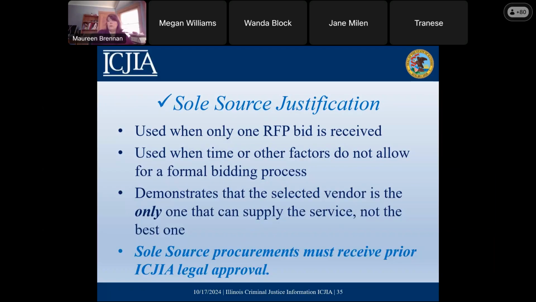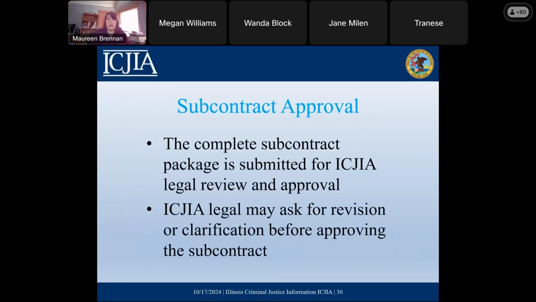You need to have that training done by a certain date, and the time isn't available for you to do a whole RFP process. And you've used this vendor before, this trainer before, and so it's an exigent circumstance, and so we may allow that, but again, we would have to justify it.